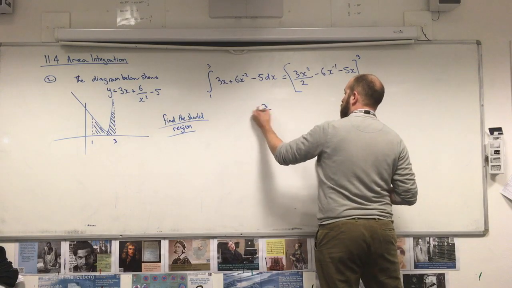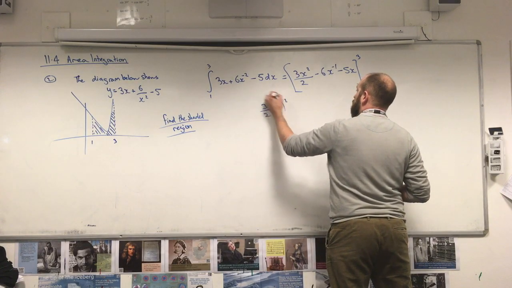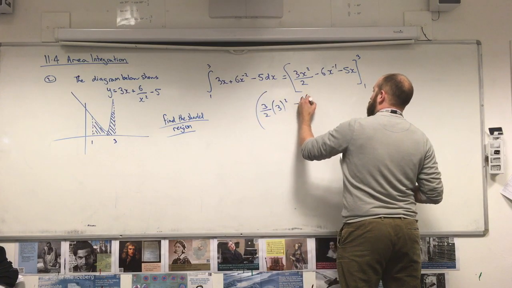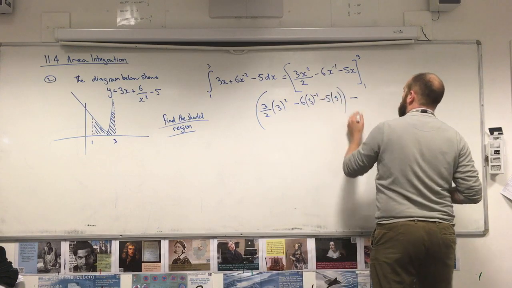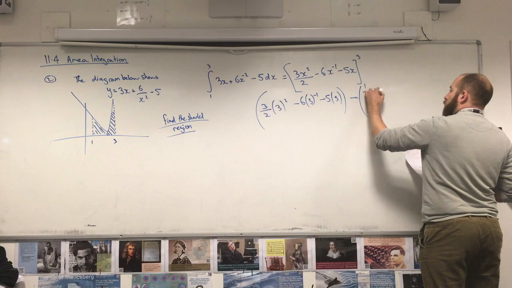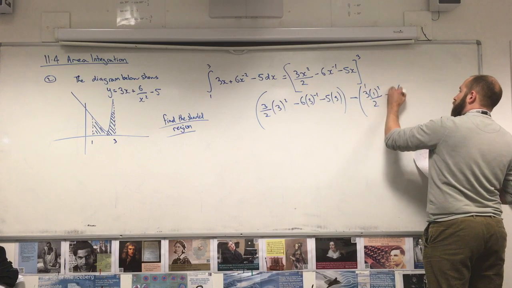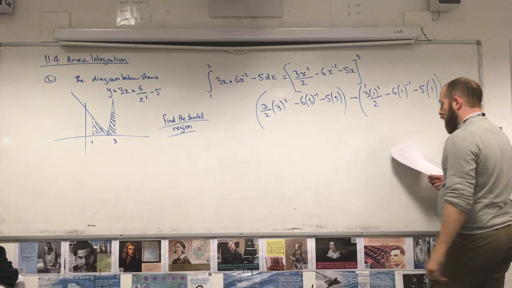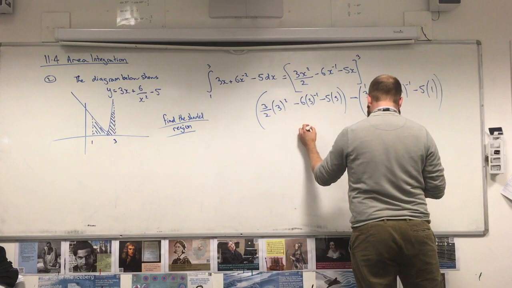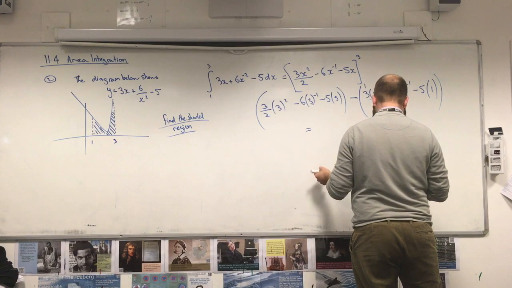Put 3 in, so you get 3 over 2 lots of 3 squared, minus 6 lots of 3 to the minus 1, minus 5 lots of 3. Take away 3 lots of 1 squared over 2, minus 6 lots of 1 to the minus 1, minus 5 lots of 1. If you work all that out, we get 6.